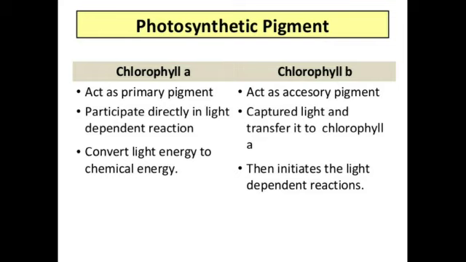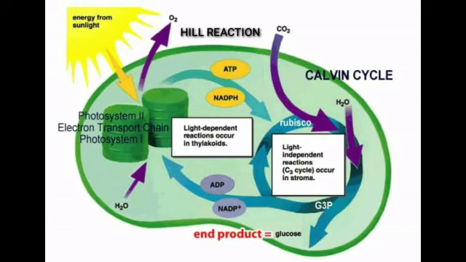Thus, it is called the reaction center. Other pigments such as chlorophyll B and carotenoids are called accessory pigments as they pass on the absorbed energy to chlorophyll A molecule. Reaction center, chlorophyll A and the accessory pigments harvesting center together are called photosystems.